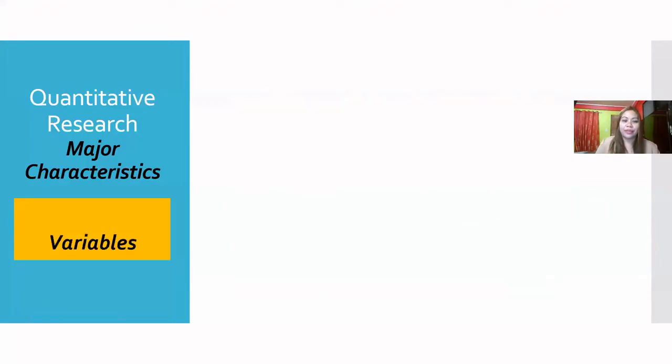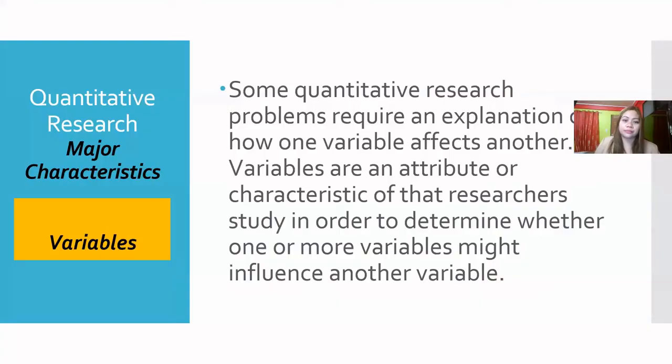So, in terms of variables, some quantitative research problems require an explanation on how one variable affects another. Variables are an attribute or characteristic of the researcher's study, in order to determine whether one or more variables might influence another variable.